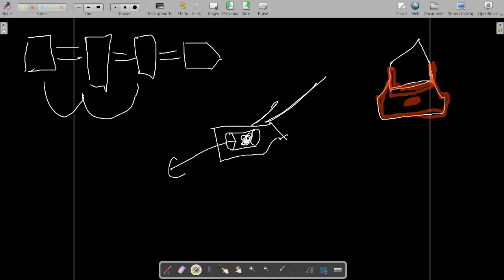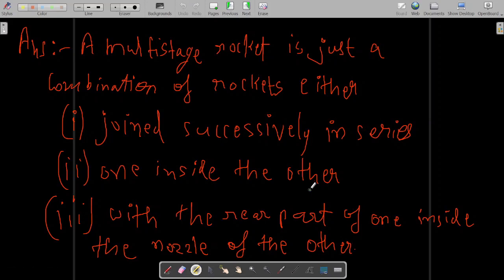This particular part is inside the nozzle of this. So these three kinds of rockets might be there, that is, those successively joined in series, one inside the other, with rear part of one inside the nozzle of the other. Such is the case of a multi-stage rocket.